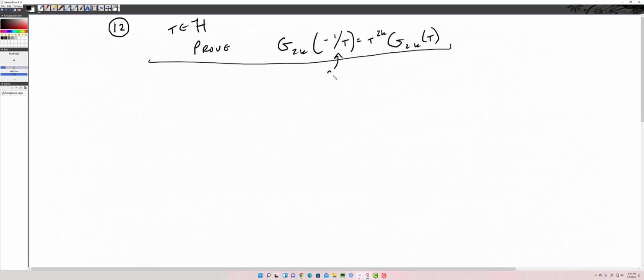This is the transformation S acting on tau, right, as a Möbius transformation. The easiest way to see this is by looking at the definition of the Eisenstein series.